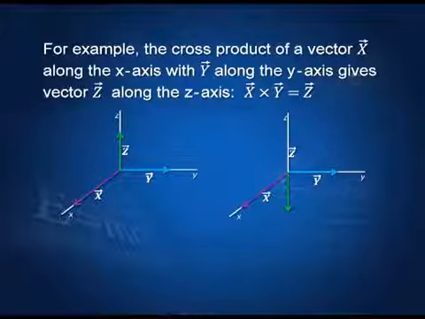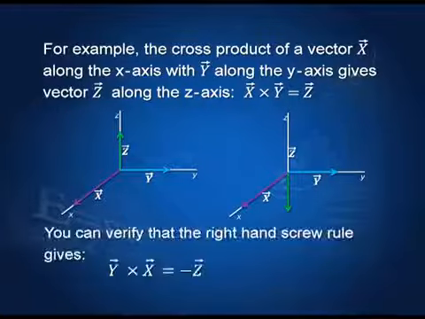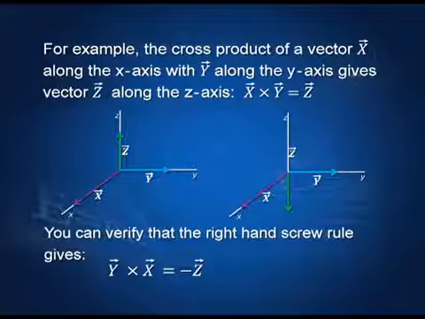Then I have to rotate from y to x, and you can see that the imaginary screw advances downwards. Therefore, the vector product y cross x is downwards, in the minus z direction, as I will show you here. This is in the positive z direction and this is in the negative z direction.